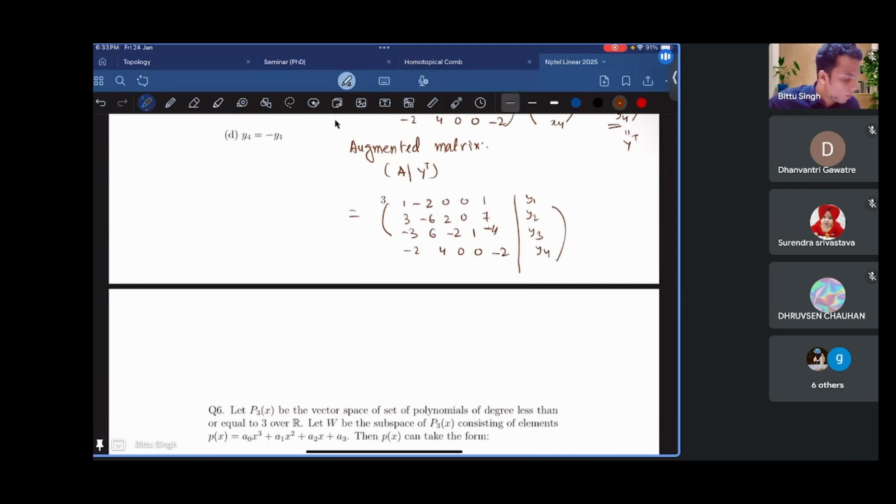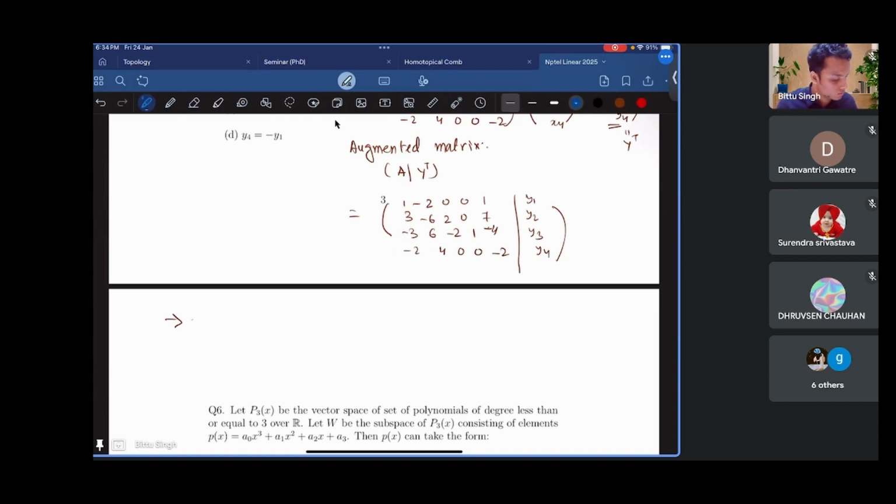Then we'll perform row operations. What are the row operations? We can subtract 3 times R1 from R2 so that this 3 gets cancelled. Similarly, we can add 3 times R1 to row 3 so that its leading entry vanishes. And similarly, row 4 plus 2 times row 1 so that this 2 gets cancelled, right?